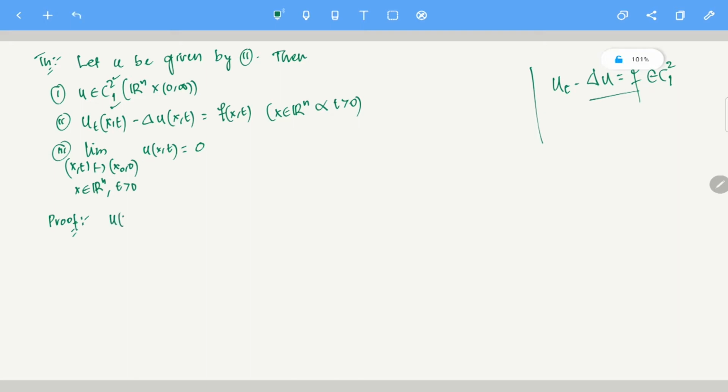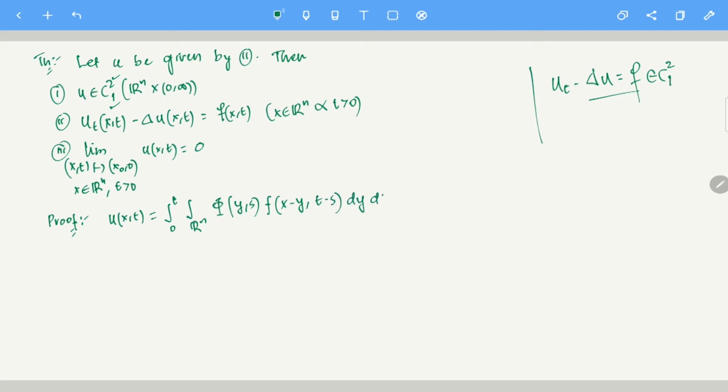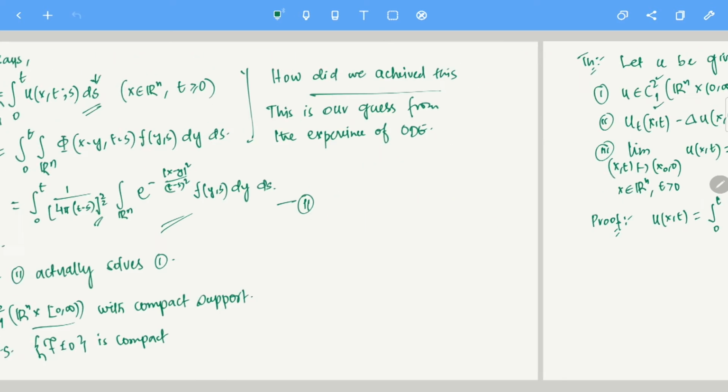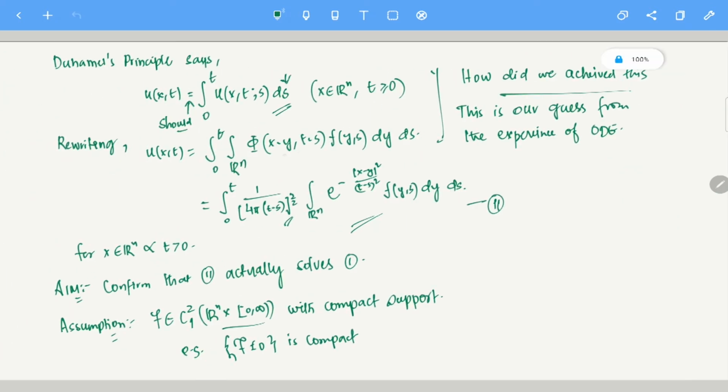Let's say u of (x, t) is the integral from 0 to t, over Rn, of phi of (y, s) f of (x minus y, t minus s) dy ds. I am just doing a change of variable, and I will tell you why I can write it like this. How am I getting this? Here I have phi of (x minus y, t minus s) f of (y, s).